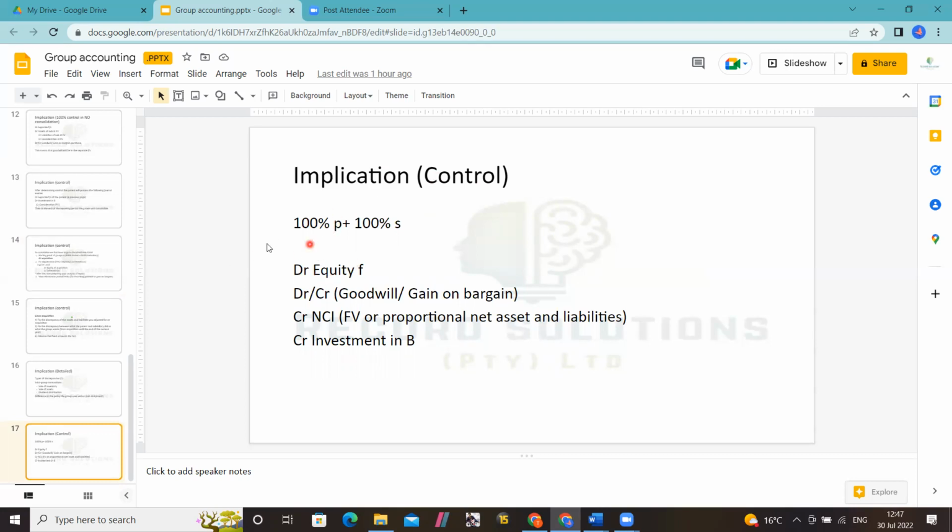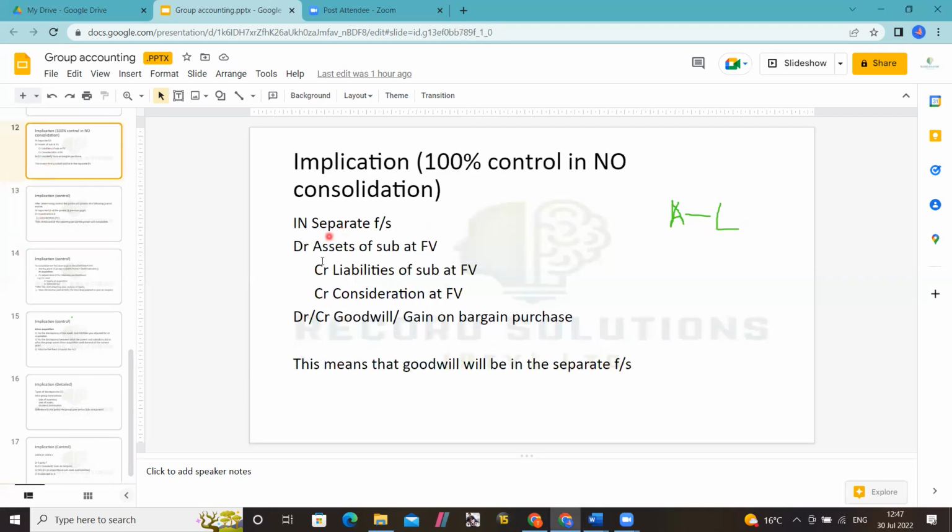And when you're doing that, you see that that's the value of the business. Why is it the value of the business? Let me show you when we were here. We said assets minus liabilities is the value of the business.